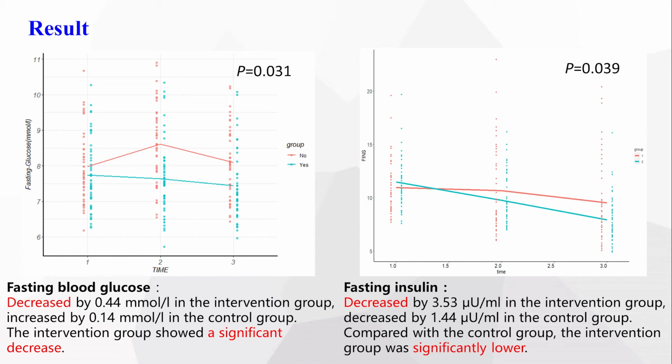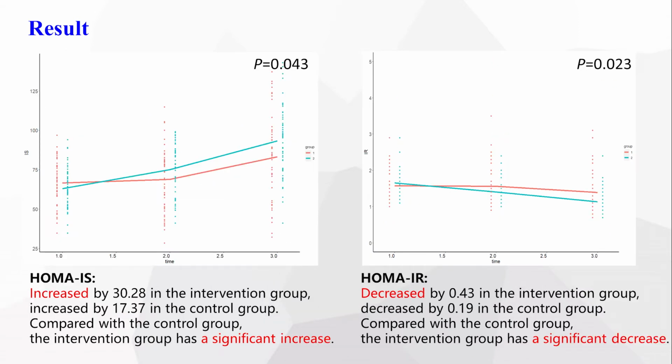Fasting insulin decreased by 3.53 microunit per milliliter in the intervention group. The control group showed a decrease of 1.44 microunit per milliliter, with a more significant decrease in the interventional group compared to the control group. Next, the HOMA-IS increased by 30.28 in the intervention group, and in the control group, the value increased by 17.37.